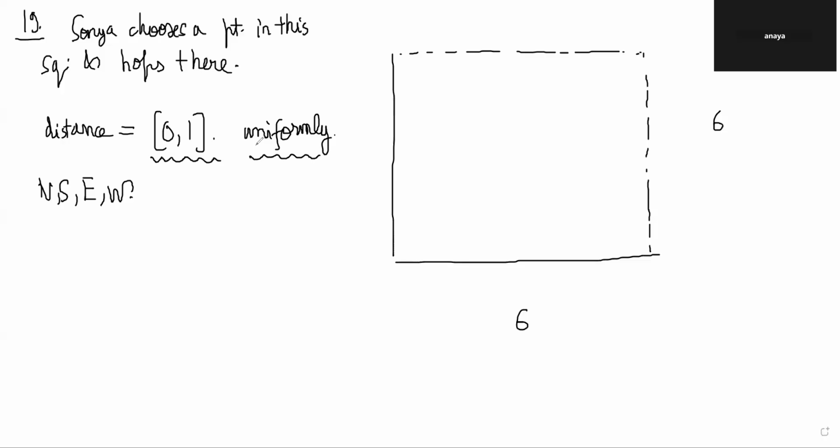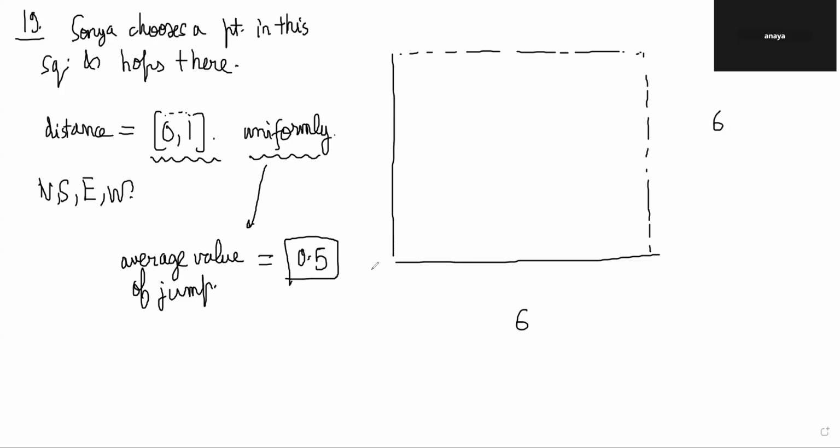There is no preference of what value she will jump between 0 and 1. So here we can use the concept of her average jump size, the average value of the jump. Since each number has the same probability in this whole region, the average value will simply be half. There is no preference for anything between 0 and 1, so the average can be taken as half of the smallest jump plus the largest jump, the mean value, right?